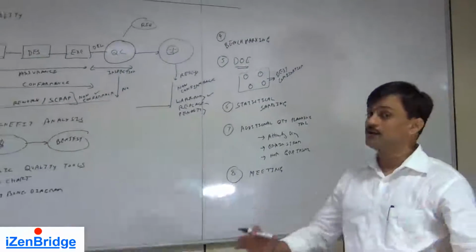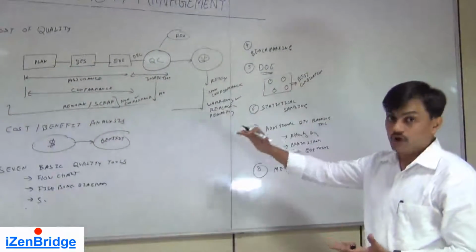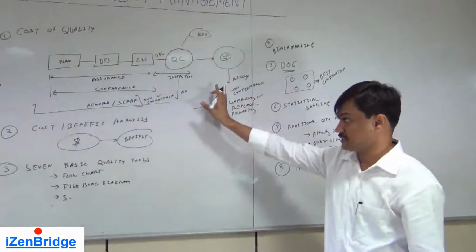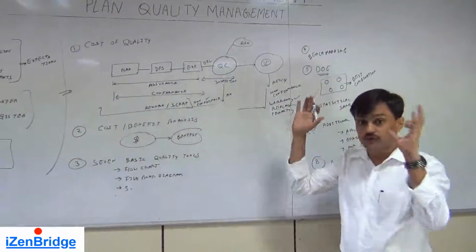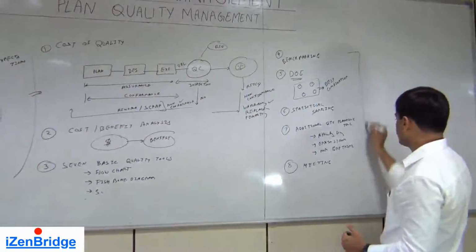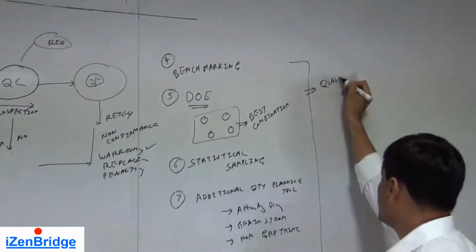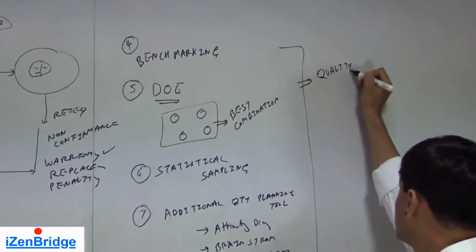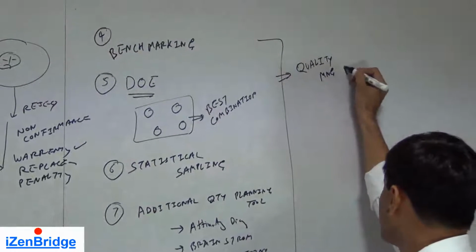So we did a good amount of analysis of our quality needs, our quality risks, and our quality costs, and on the basis of this analysis, we come up with the quality management plan.